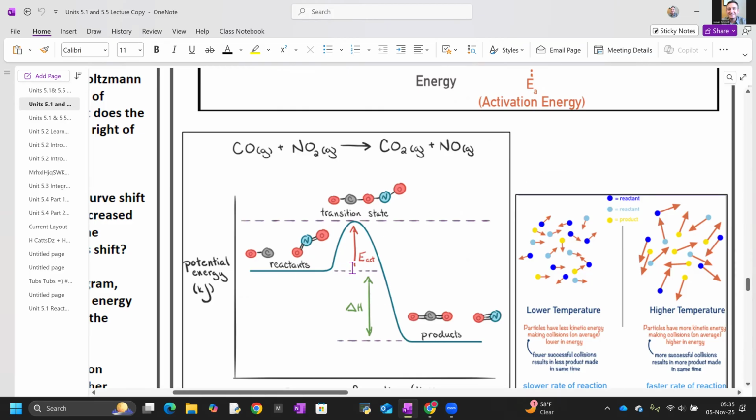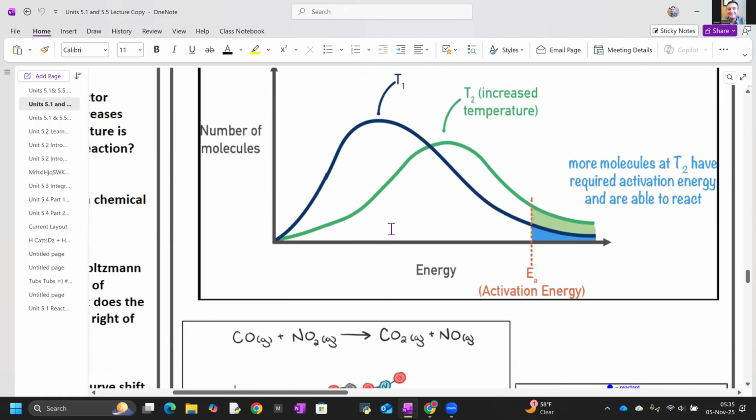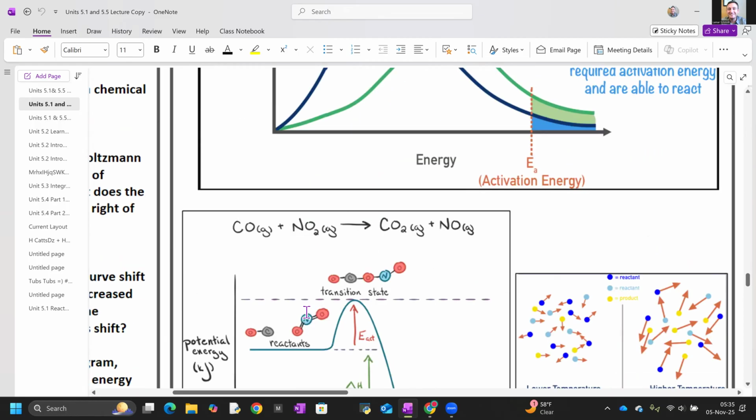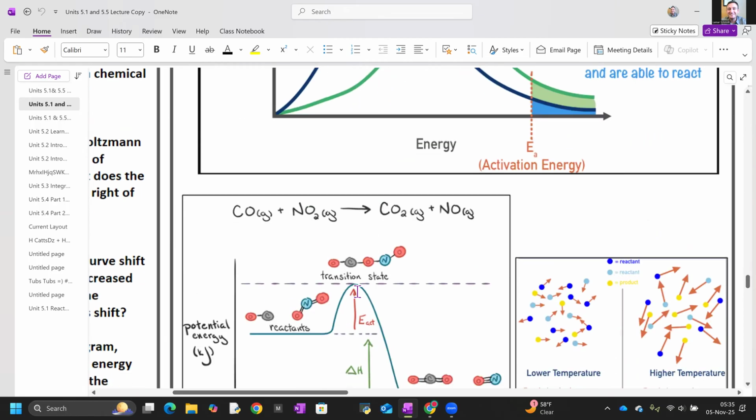And so we determine this energy of activation, and we'll be going over that again in Unit 6, and how we determine some of these things, whether the reaction is endothermic or exothermic. And we're going to spend a little more time on this diagram even here in Unit 5. But what we notice then is here's activation energy on a Maxwell-Boltzmann, and then here's the activation energy on an energy diagram.